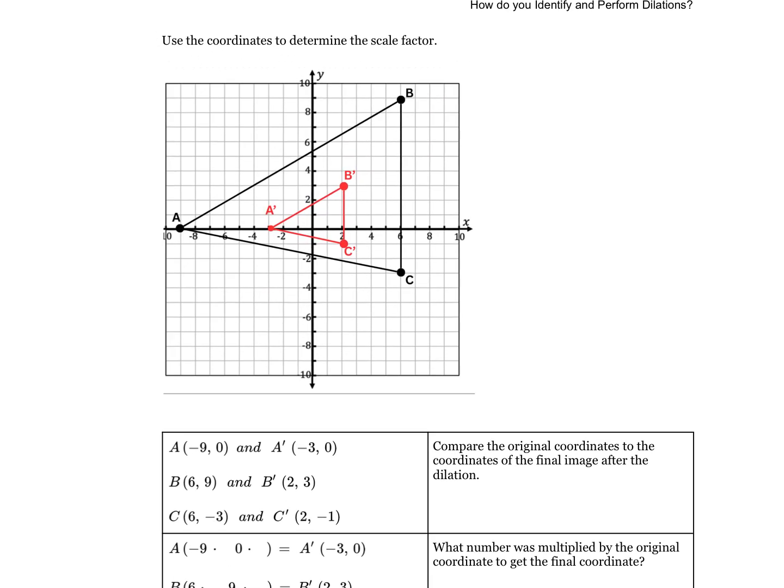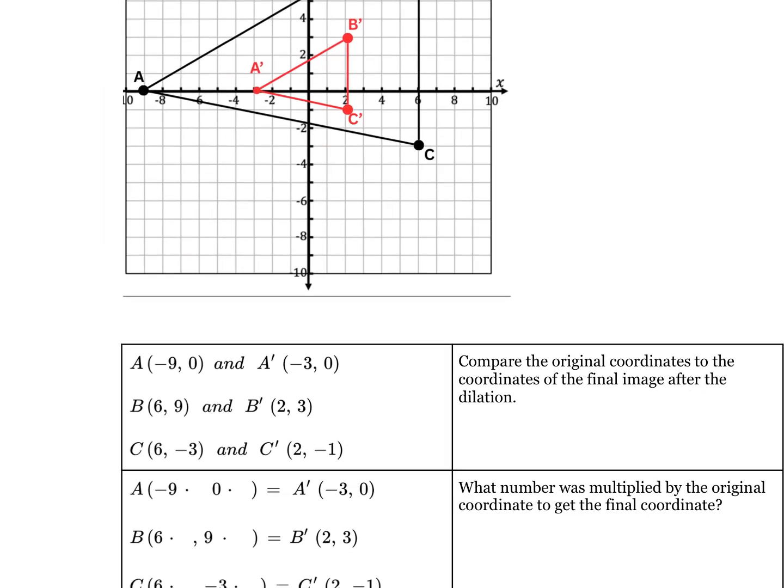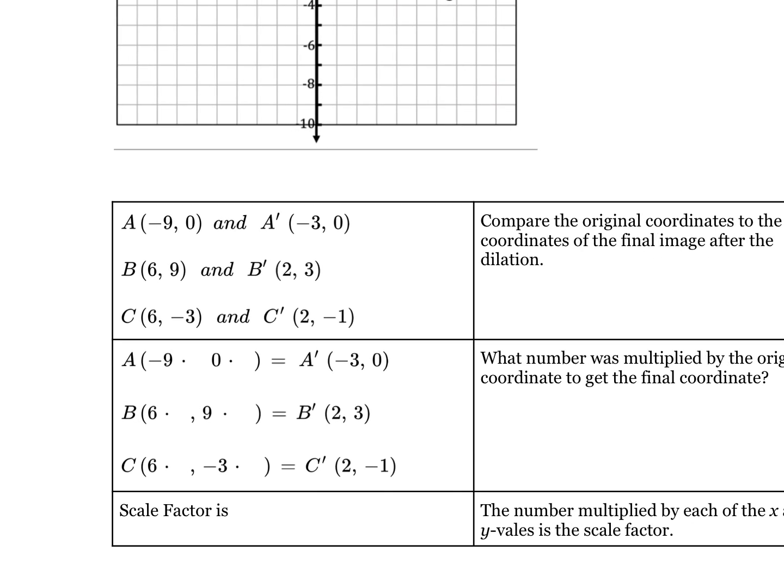And of course, same exact problem looking at the coordinates. We know it's 1/3 based on our previous work, by counting the side lengths. But looking at my first, I got 9 to 3.